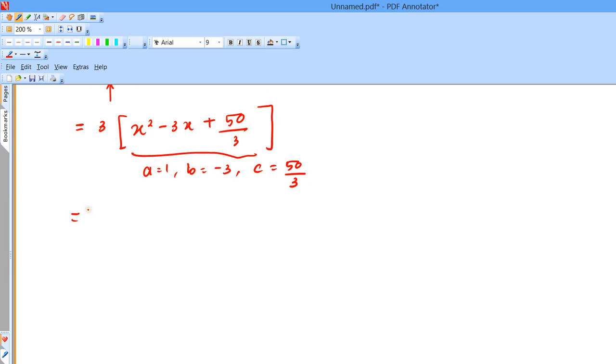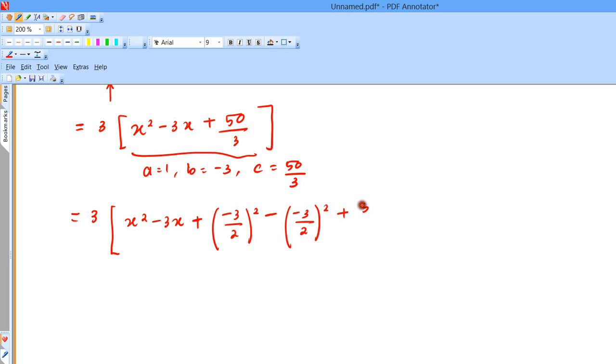So just copy the first two terms, x² minus 3x and then plus b over 2, negative 3 over 2 squared, minus negative 3 over 2 squared, and then plus 50 over 3.